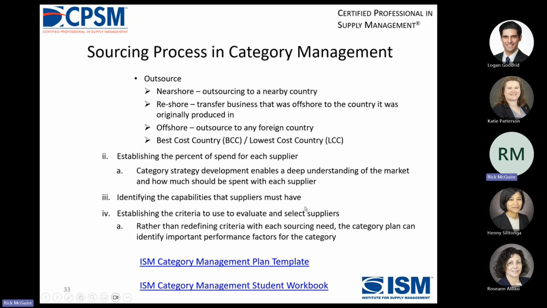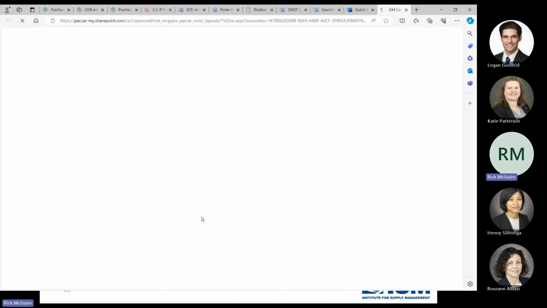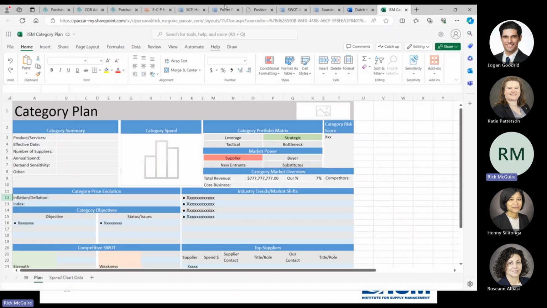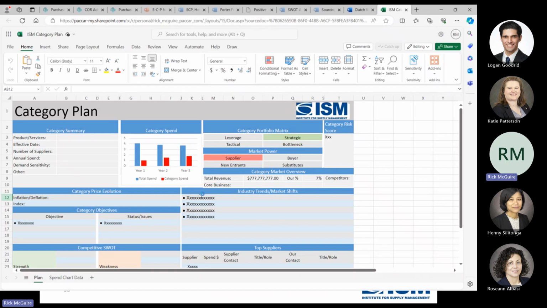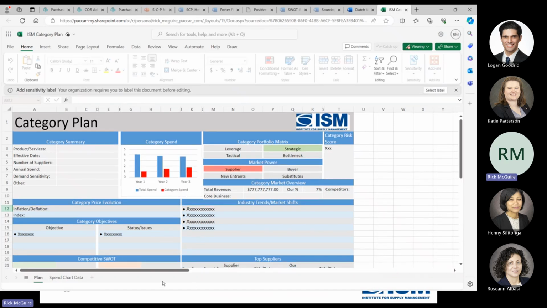Establish percentage of spend for each supplier, identify capabilities suppliers must have, and establish criteria used to evaluate and select the suppliers. This is out of your CPSM. This is something you can use for the ISM. This is kind of the same thing as that other spreadsheet I was showing you that we have from PACCAR.